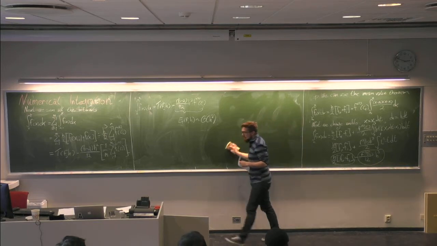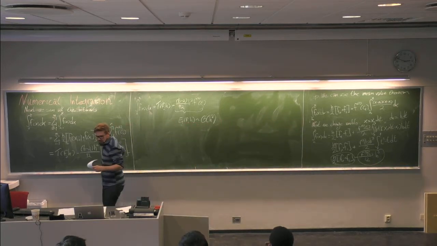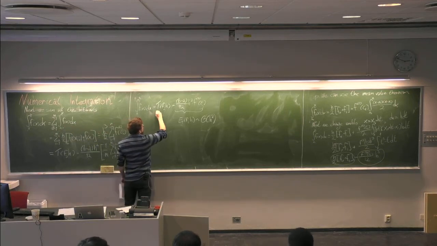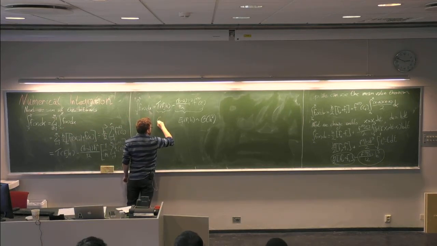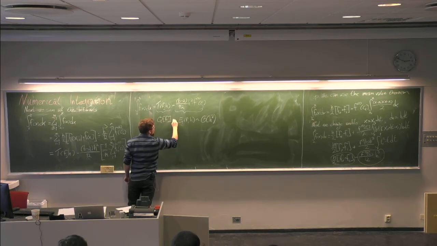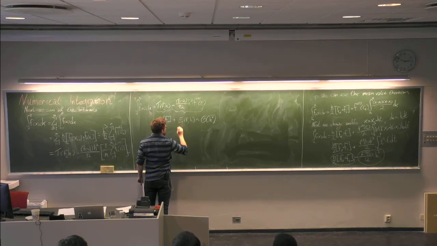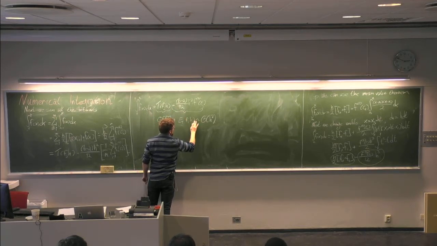So looking back at what we did at the start of the lecture, this is going to be our Q of f, I guess that was the notation we used. I'll do the same here.